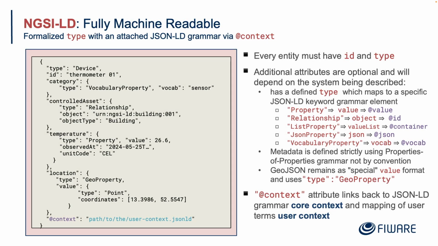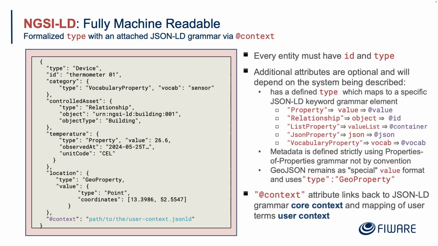What we have here instead is, in this case, we're using the standard non-reified properties, which are effectively properties of properties or properties of relationships, to define things like this is a relationship pointing at a building, or this is a temperature which was observed at a certain point.